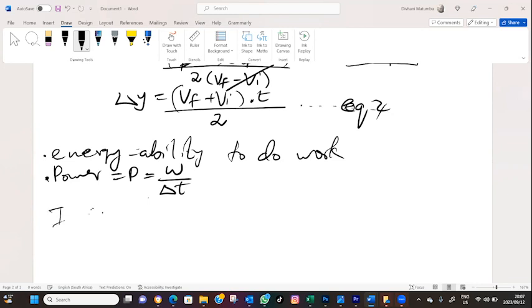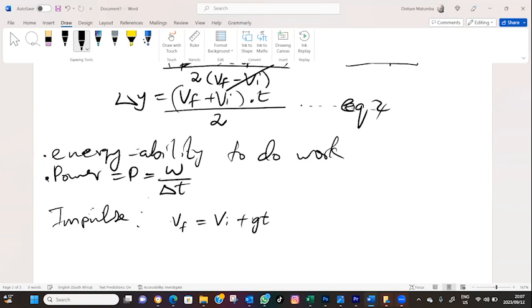Impulse was derived from the following equation. Now, it was derived from the equation of motion, which is used in Newton's first law. So this will be V final equals V initial plus acceleration times time.